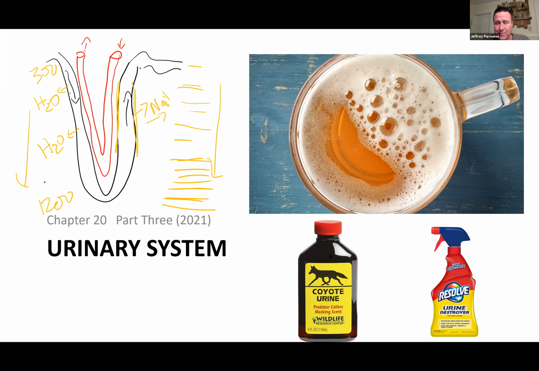And why do we do that? The only reason is that we have collecting ducts that go down through this whole thing. And the filtrate that we got actually turns out to be only 100 milliosmoles by the end of it.